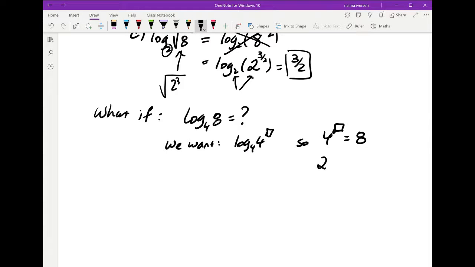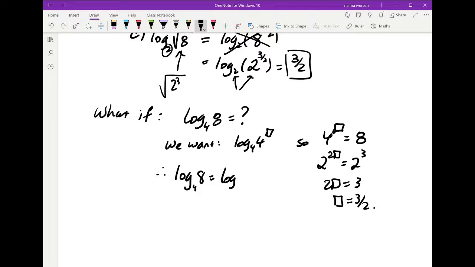We get a common base. 2 to the 2 times something is equal to 2 cubed. So 2 times something is equal to 3. Divide by 2, that is equal to 3 over 2. So therefore we get log base 4 of 8 is really log base 4 of 4 to the 3 over 2. And out pops your exponent once your bases are the same.